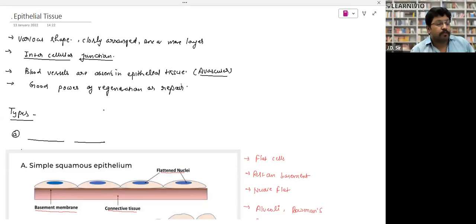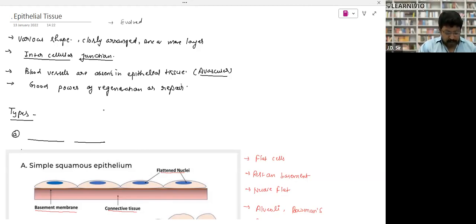Note down: epithelial tissues evolve first when human body formation takes place. The first tissues which come are epithelial.